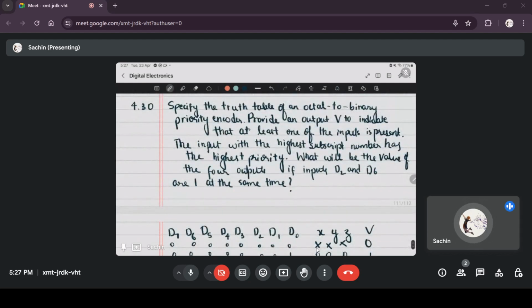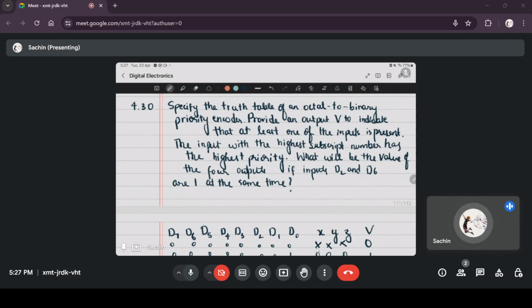That is the truth table of an octal to binary priority encoder with highest priority given to the input with the highest subscript, along with an output V that indicates whether at least one of the inputs is present.